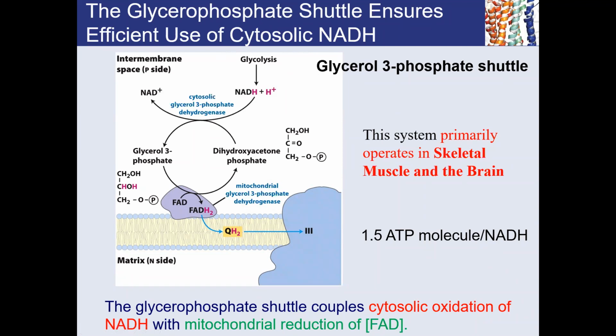So in the cytosol or in the intermembrane space, you have an enzyme called cytosolic isoform of glycerol 3-phosphate dehydrogenase. You have two isoforms of the glycerol 3-phosphate dehydrogenase enzyme.